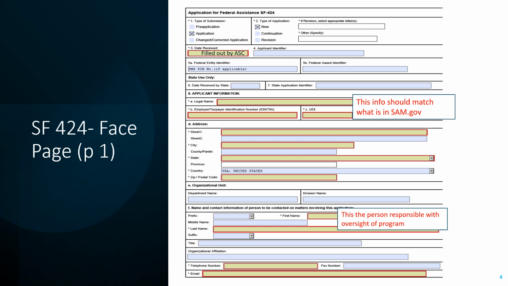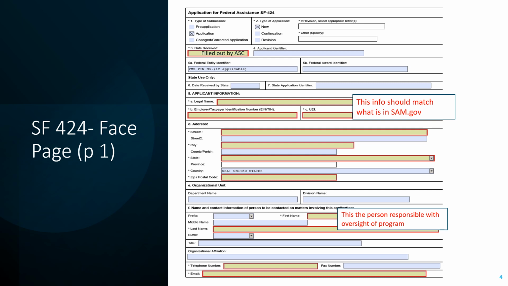You will then add your address, including your state, city, and zip code. If you have an organizational department, so your legal name is one entity, but you're operating out of another department or division, you would include that information in 8E.